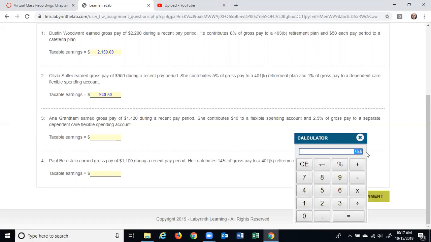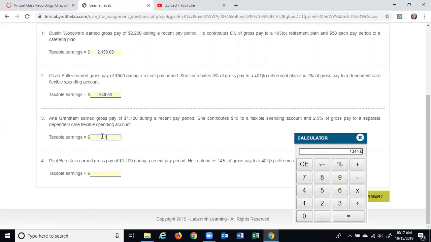is non-deductible for Social Security. So $75.50. So $1,420 minus 75.50 equals $1,344.50.